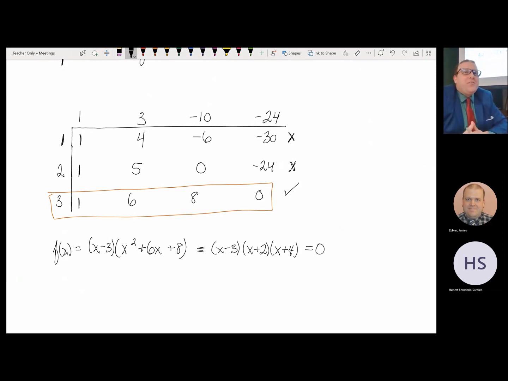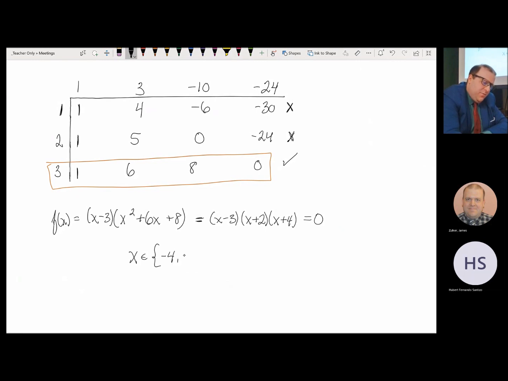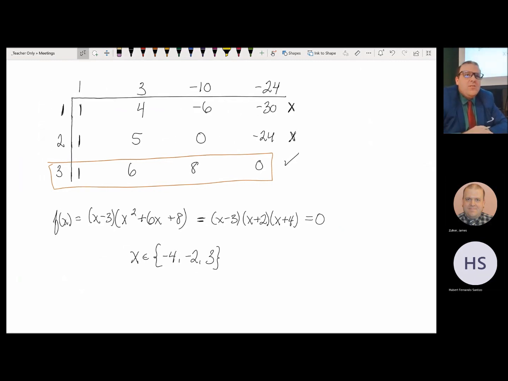Now the zero product property: x minus 3 is 0, or x plus 2 is 0, or x plus 4 is 0. So the zeros are -4, -2, and +3. Now you just check.